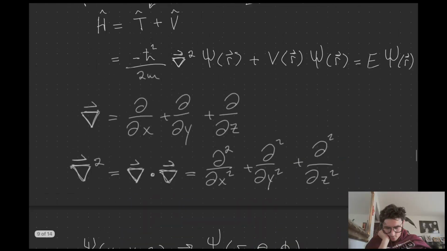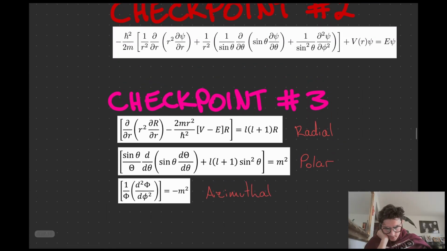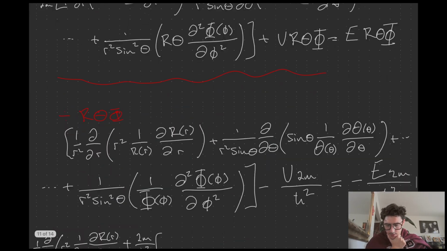Let's check our checkpoint one more time. Check out what's happening here. 2m, there's an r squared which we put there, which we could do as well, h bar. Here we have a v, here we have a ve, and then this r is being multiplied there. What's going on here? V minus e, and then there's a minus sign here. V minus e, v minus e, v minus e.